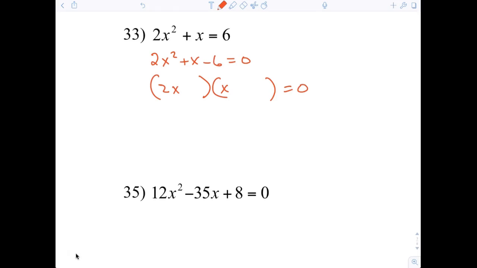On the left. And 2 has to go on the right. 3 and 4 makes 1. If 4 is what? And 3 is? There you go. So now 2x minus 3 equals 0, x plus 2 equals 0. X equals 3 over 2, or negative 2.